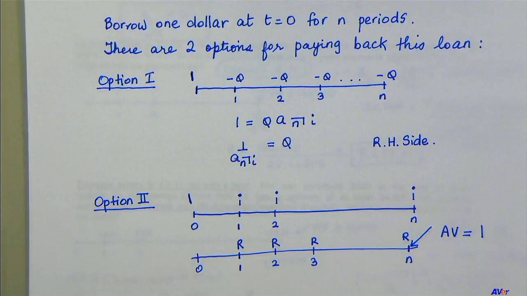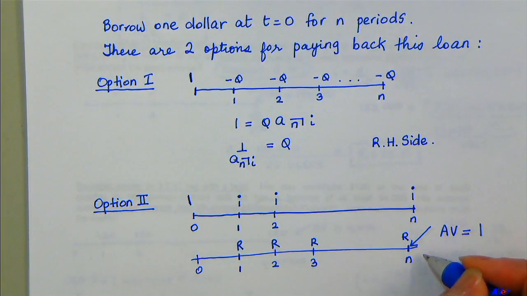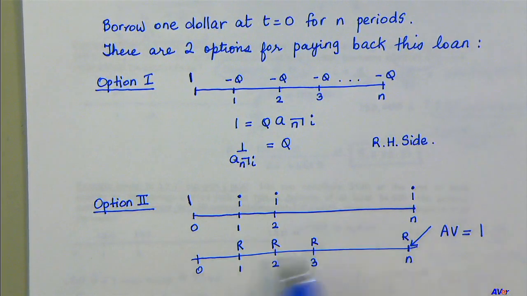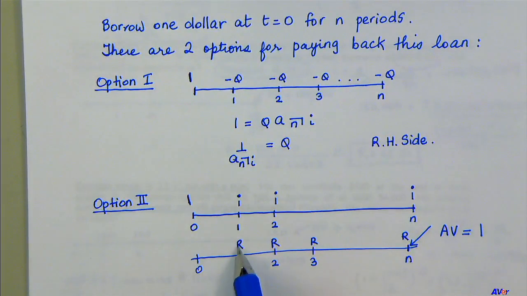So what is R is my question. I've come up with this equation that says that if I put in my bank account an amount of R for n periods, these R's will accumulate to an amount of 1 at time n. Of course, for the parents, it would be 100,000, so I would multiply by 100,000, right?